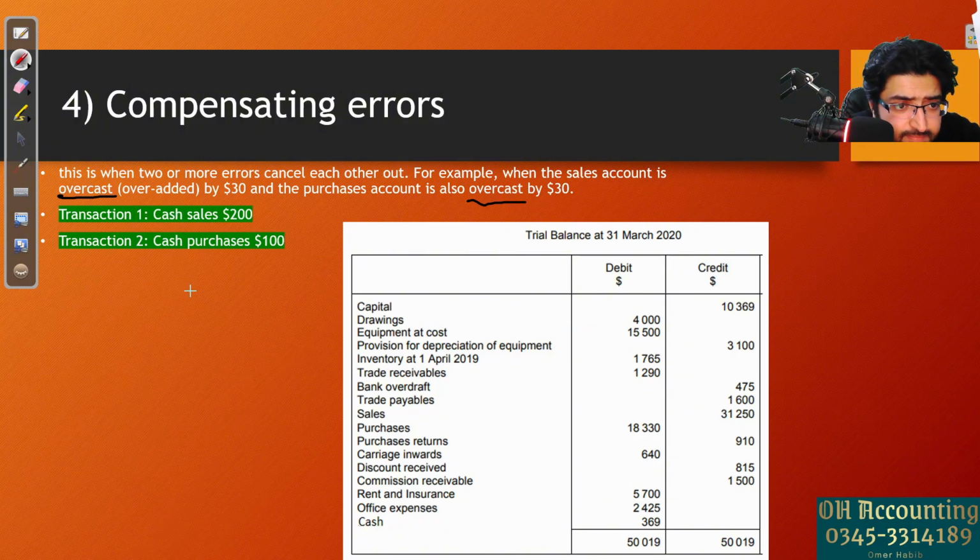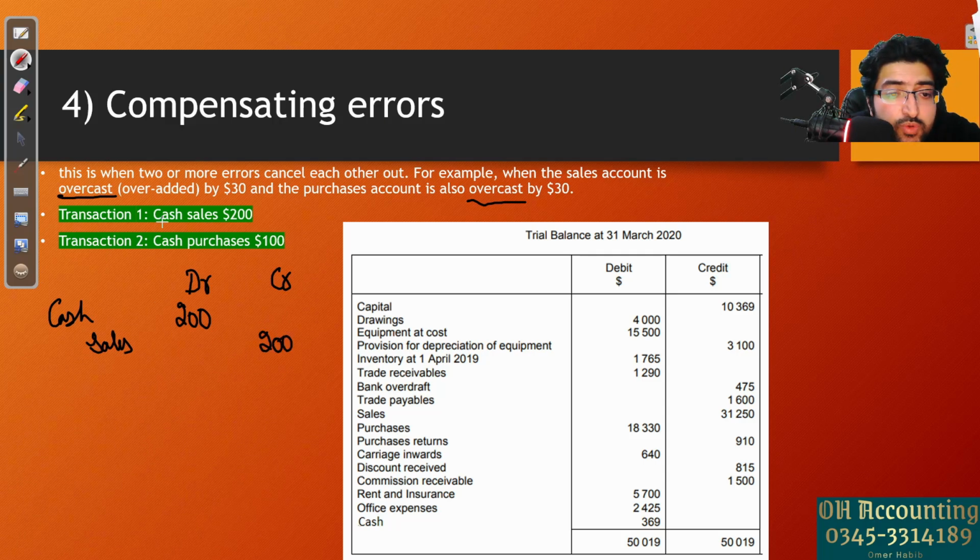You should be knowing what to debit and what to credit for this transaction. When we sell goods, we receive cash. So cash debit, and sales is an income, sales credit. And transaction 2, cash purchases $100. When we purchase goods, purchases are an expense, so purchases debit by 100.